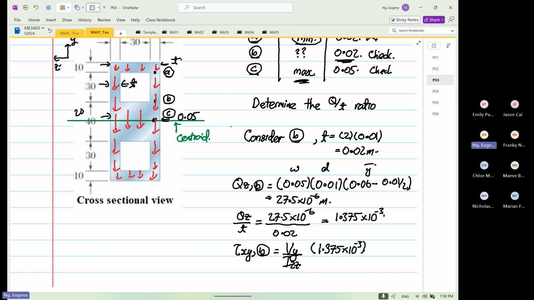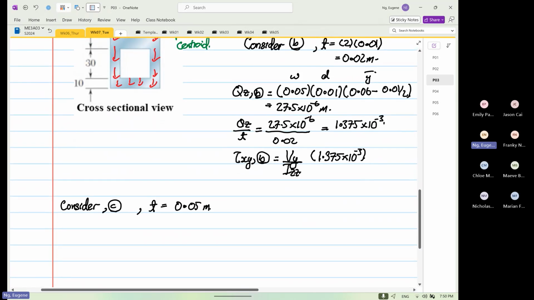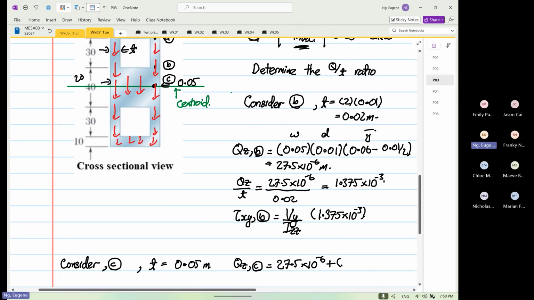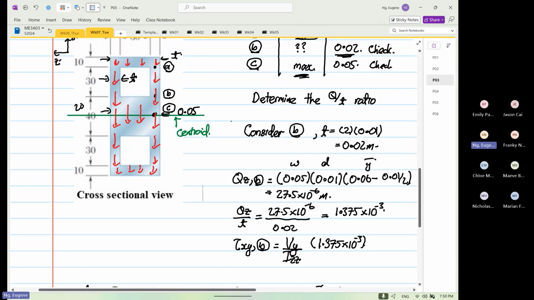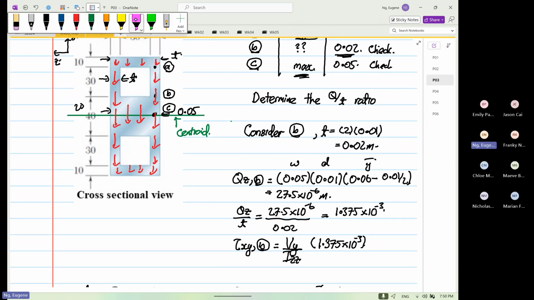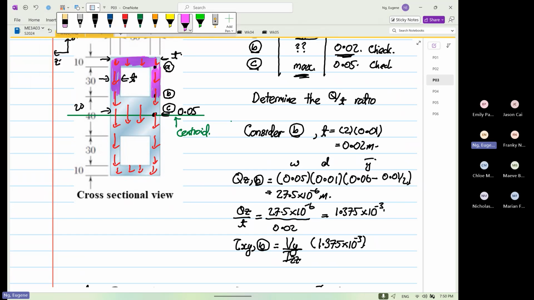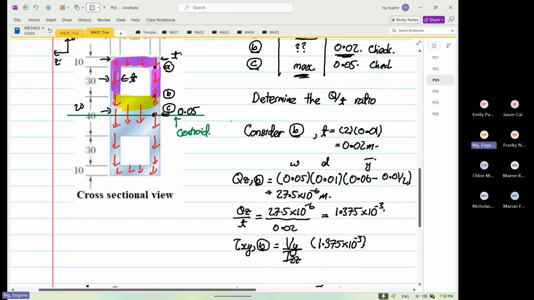Now we have to calculate the first moment of area at point C. So Qz at point C is equal to 27.5 times 10 to the power minus 6 plus... Because at point B, we have considered this section already, so for point C we just need to add the yellow bit.